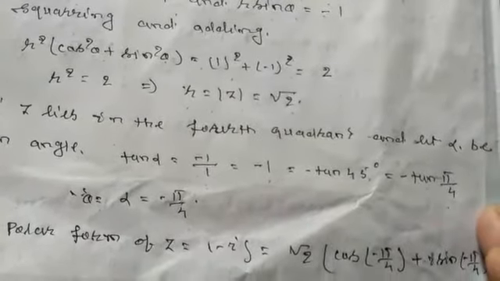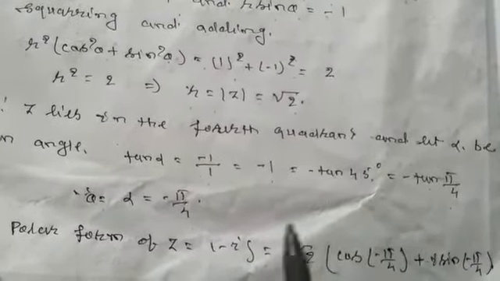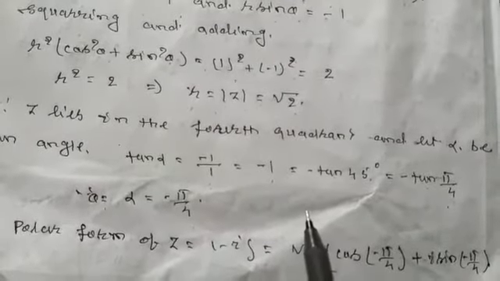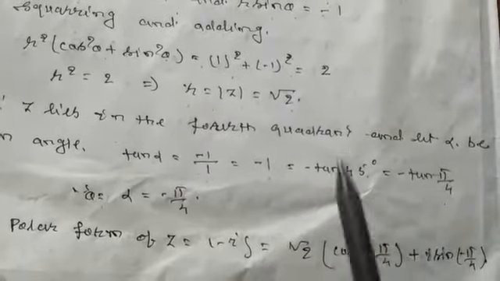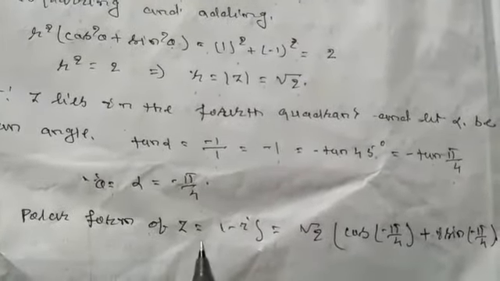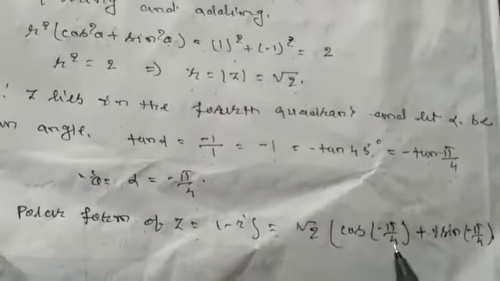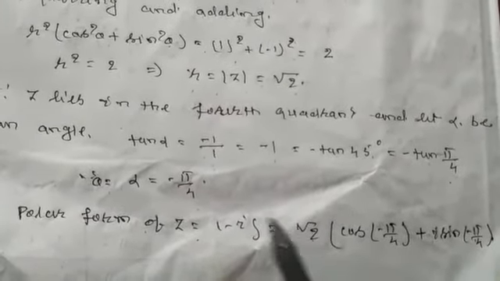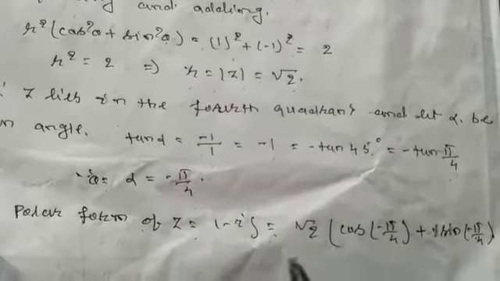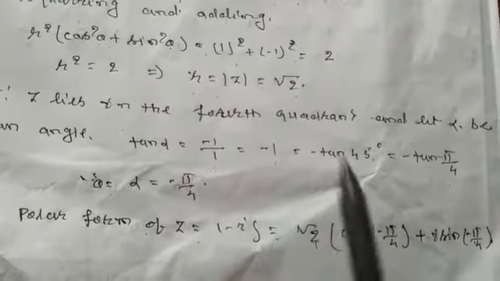And since it is lying in the fourth quadrant, we know that the value of theta is minus alpha in quadrant 4. So the polar form of z, 1 minus i, will be r cos theta plus i sin theta. So now you put the value of r and theta in the polar form.